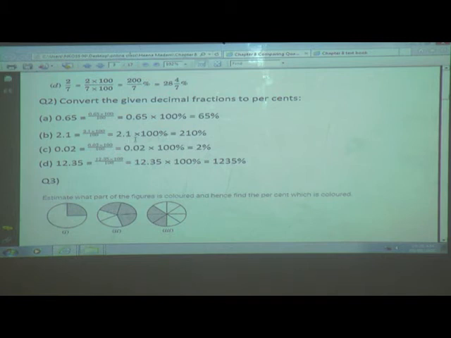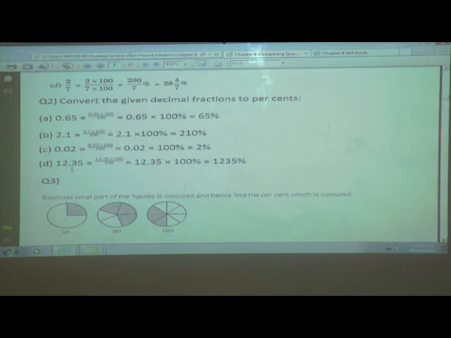So 2.1 multiplied by 100% is equal to, again it will go 2 digits forward. So we have only 1 digit, we have to write 0, so it will be 210%. Similarly 0.02 multiplied by 100%, multiplication means it will go 2 digits forward, so it is 2%.